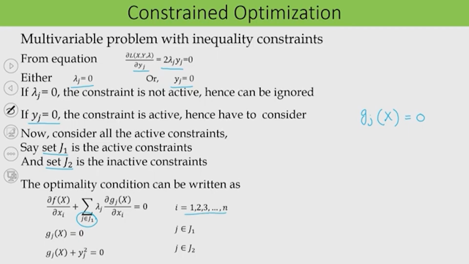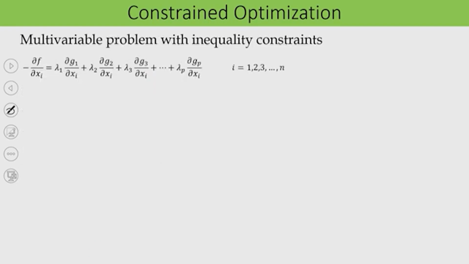Similarly, z j x equal to 0 is for the active constraints. And for the inactive constraints, z j x plus y j equals 0, and for these constraints the lambda is equal to 0. So, these are inactive constraints. Okay, so I consider only the active constraints.